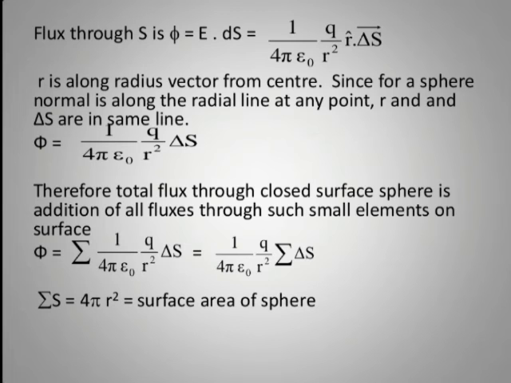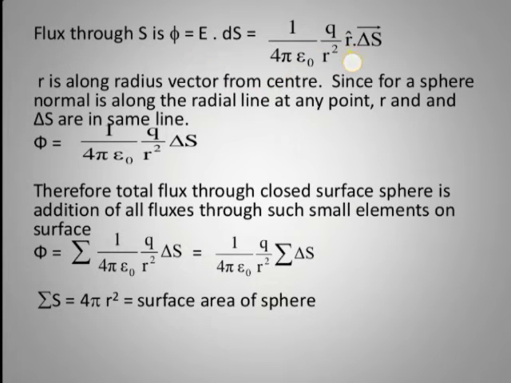Yes, so I had given you 2 cases also why cos theta you would get, isn't it? So now if I consider this formula, again phi equals electric field through a certain area of the metal plate, so E into ds, small surface area. So now if I consider this formula, substitute the value of electric field here. So what is that? You would get 1 divided by 4 pi epsilon naught q divided by r square as your formula for electric field.